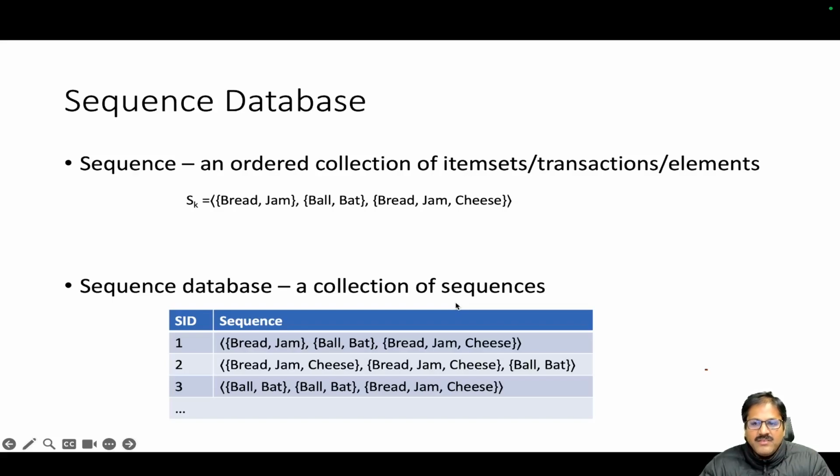Later in time, he visited the supermarket again and purchased the items ball and bat. Later, he visited the supermarket again and purchased bread, jam, and cheese. This way, a customer's purchases over time can be preserved in a sequence. And when we collect these sequences, the result is a sequence database.